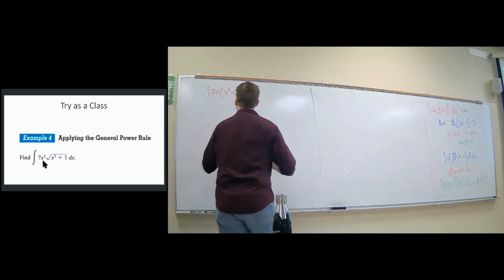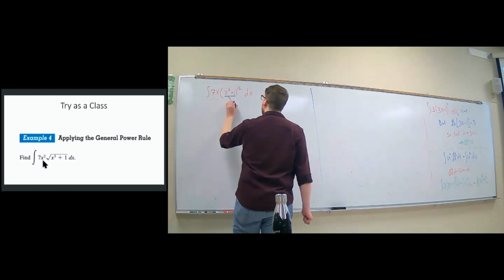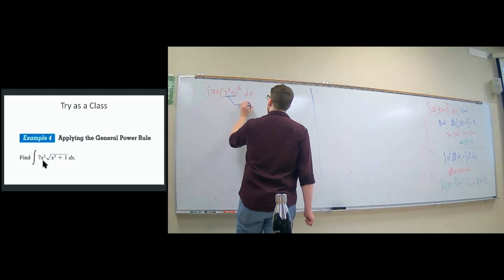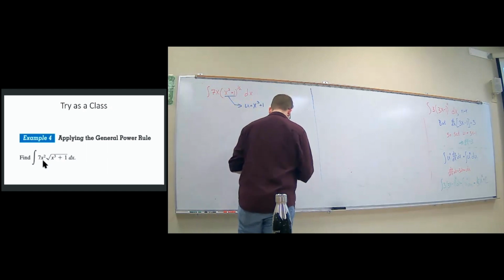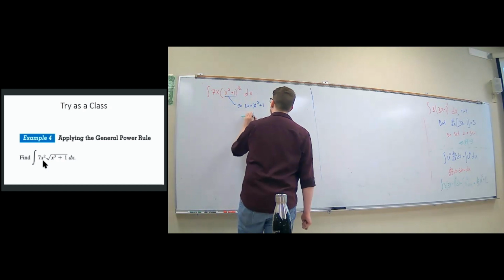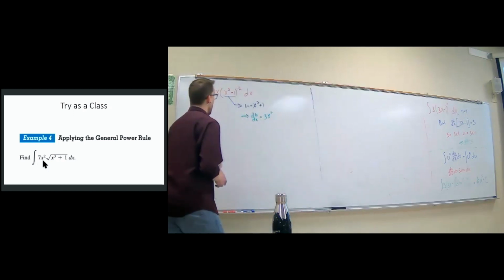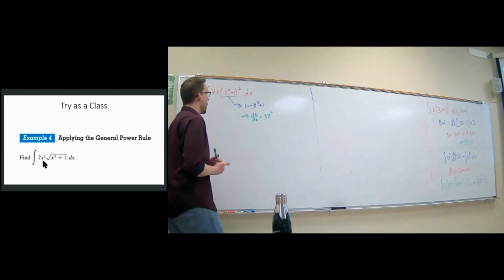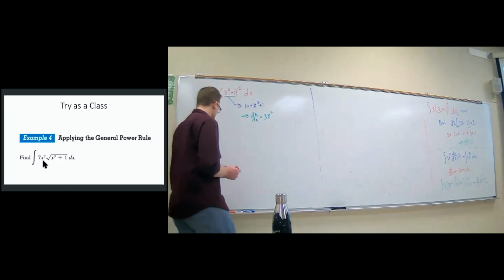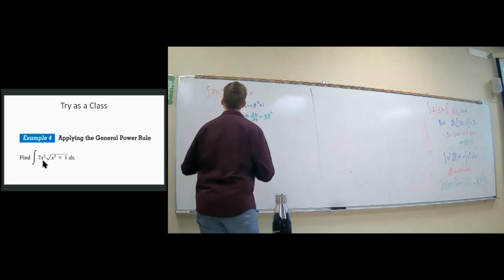We're going to say let u be equal to x cubed plus 1. Then du dx is equal to 3x squared. Well, I have a 7x. 7x squared, my mistake. I miswrote that.